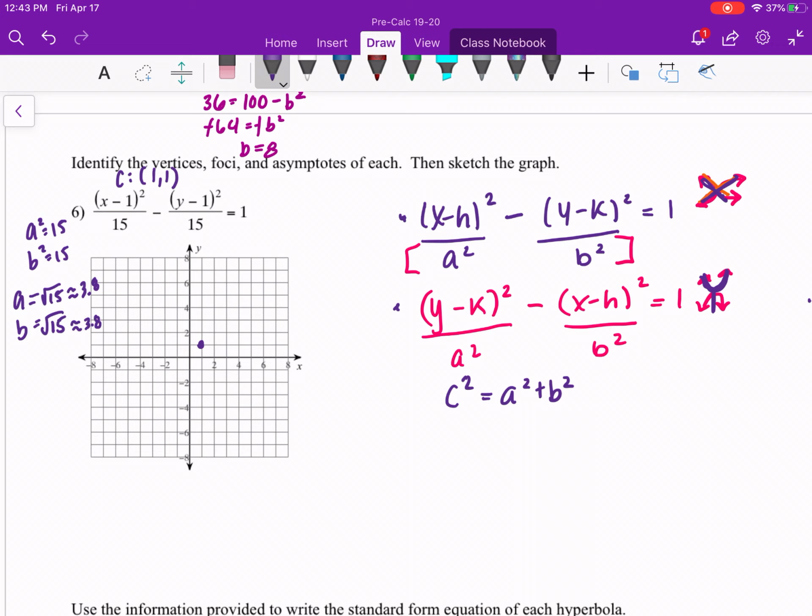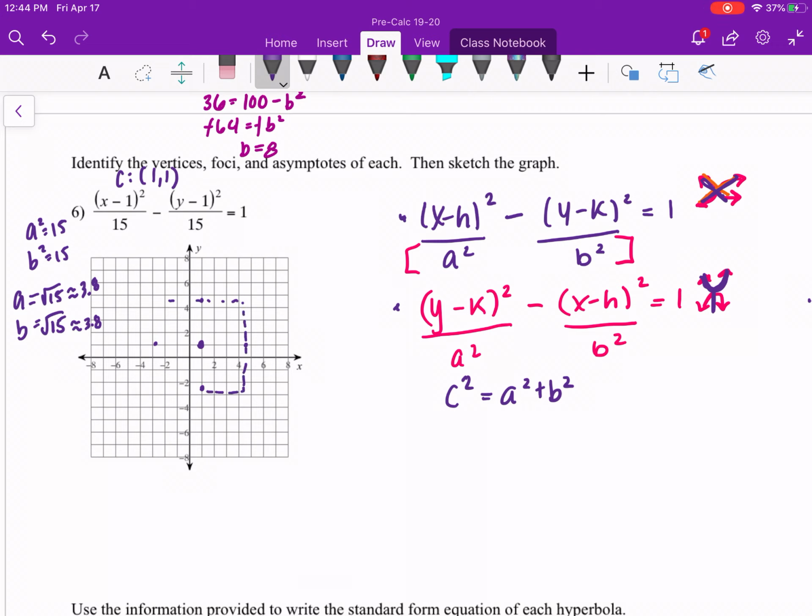That can help us figure out that distance to plot. So I'm going to go about 4, 1, 2, 3, and then a little bit more on each side. That's my 3.8 in the A direction, which is horizontal because it's under the X. And then I'm going to go 3.8 in the Y direction because it's under the Y, which is vertical. And so it makes a perfect box, actually.